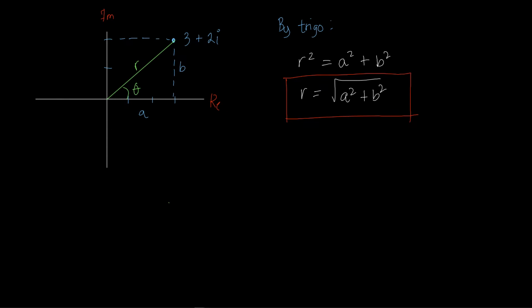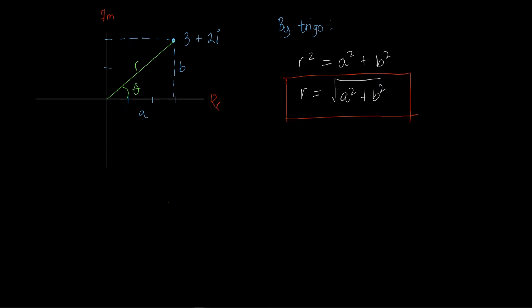Okay na. Now, how to solve for the angle theta? How to solve for the angle theta given A and B? Yes, pwede natin gamitin yung SOHCAHTOA. Ano yun sa SOHCAHTOA? Si sine, si cosine, or si tangent? Given you have adjacent and opposite. Tangent, sir. Tangent.